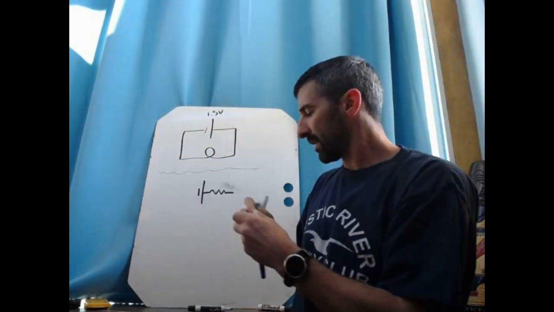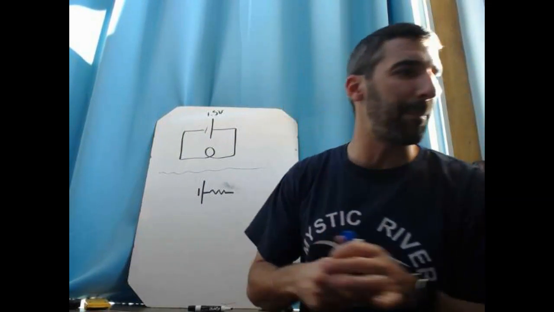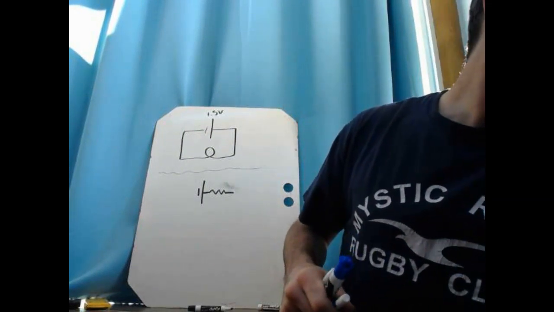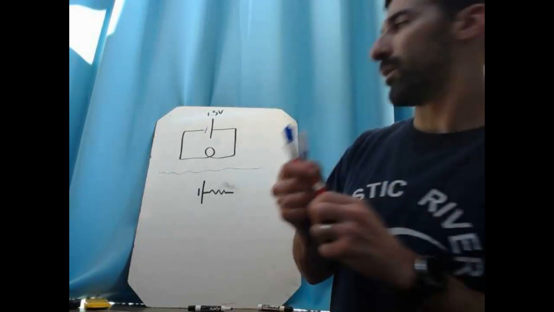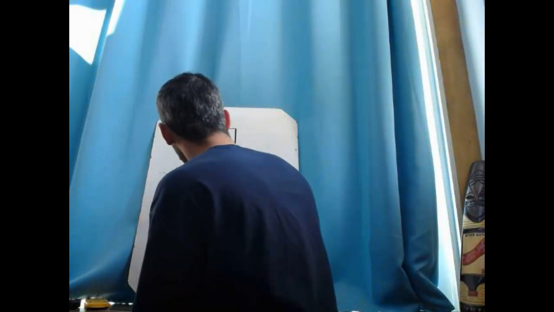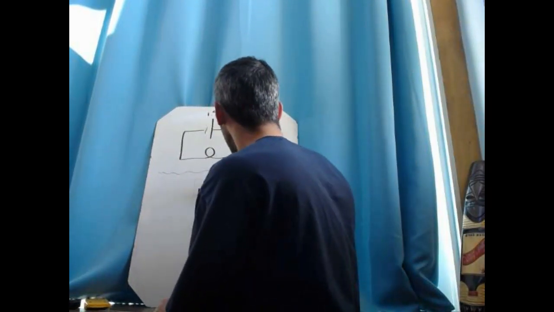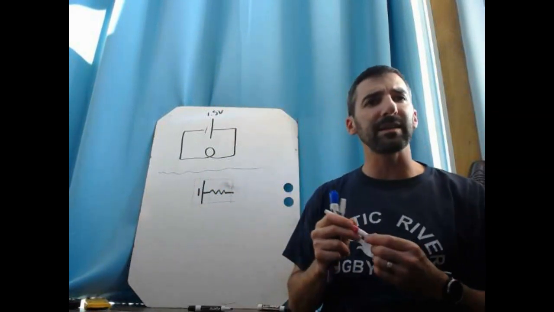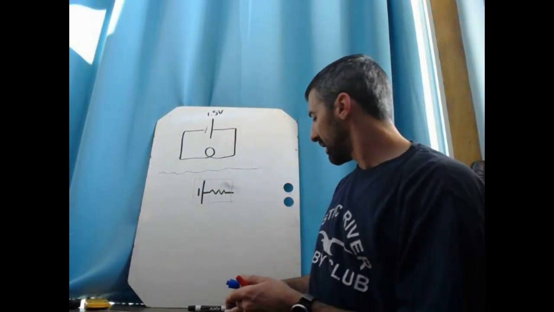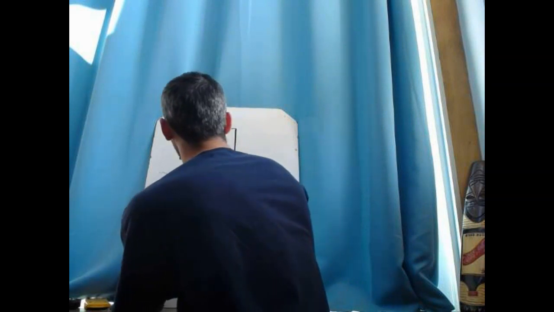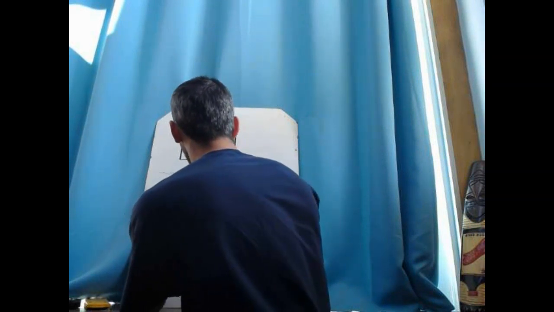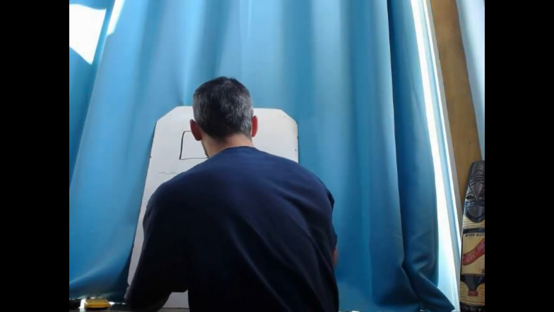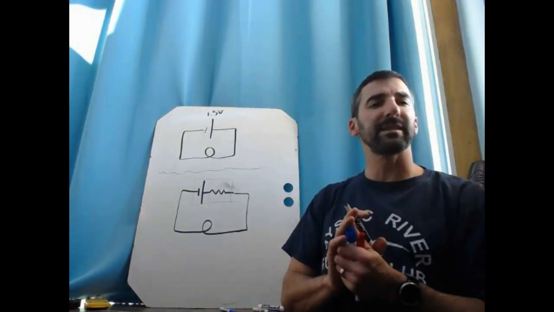So much for that. And I'm going to put a box around that. Now that is going to represent my battery. Let me draw the rest of the circuit now. And everything else is the same.